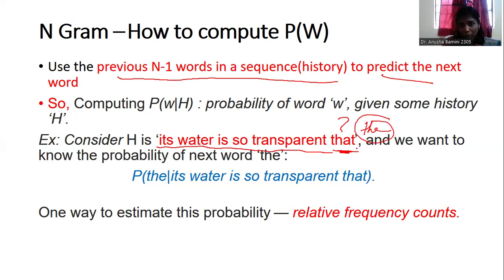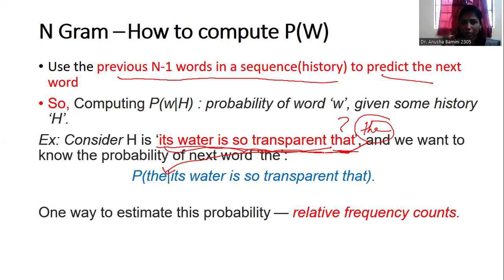So I want to know its probability based on the previous words. You write the next word first, then a line, and after that all the previous words: its water is so transparent that. This is how we will calculate in the problem also, and this is the way to write the sentence in equation form.